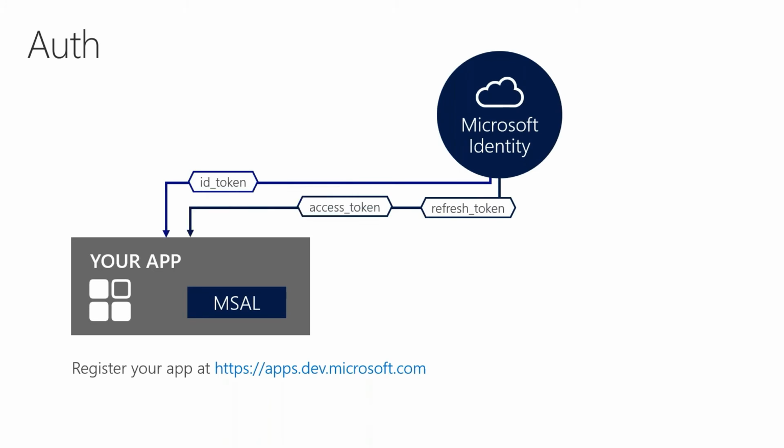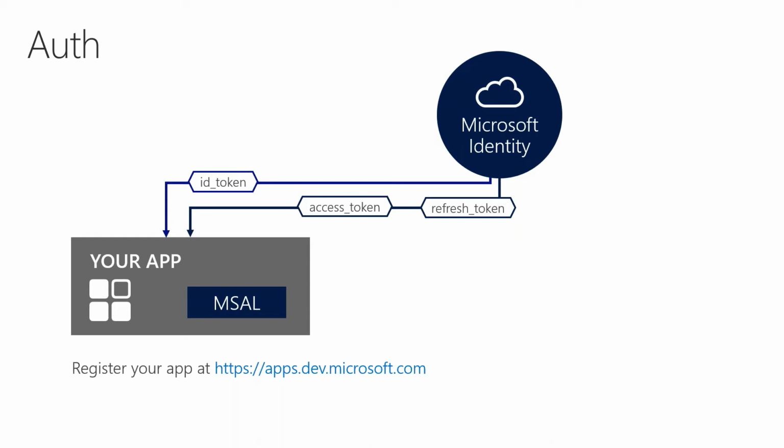Now there's two ways to register, I should mention. You can either register an application in Azure if you go to Azure and then you go to Active Directory, within that, you'll find that there's a way to create new application registrations, which you can work through. But you don't need Azure. There's actually even a simpler flow through apps.dev.microsoft.com, which I'll show you, to go register your application and get your identifier. So it's essentially a standard flow where your application will call into Microsoft Identity with your ID token.